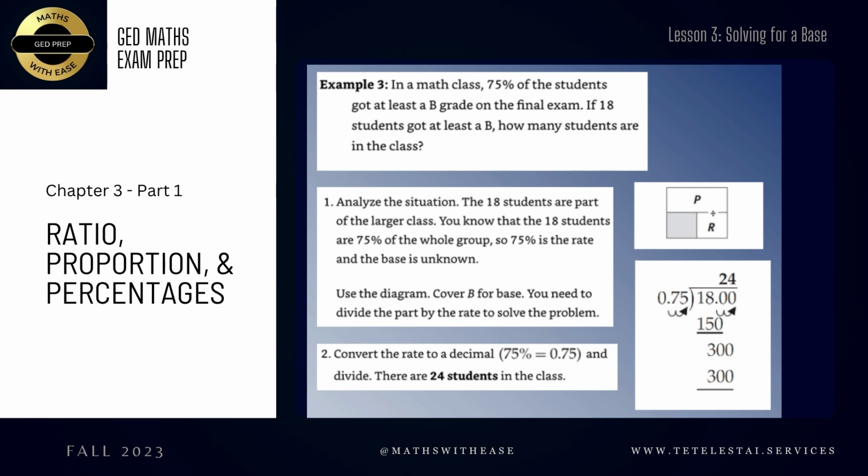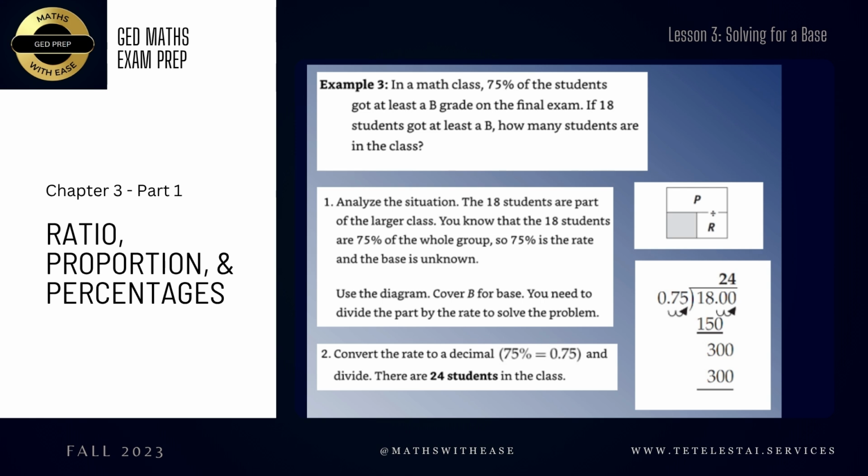Because that would just make your work a lot more difficult. You want to rewrite 75% in terms of its decimal equivalent, which is 0.75, okay? And then inside your division symbol, you're going to put your dividend or your part, which is 18.